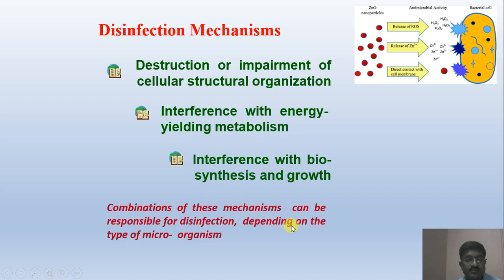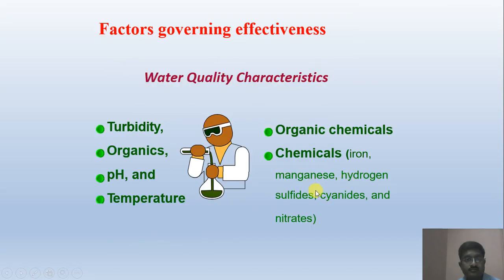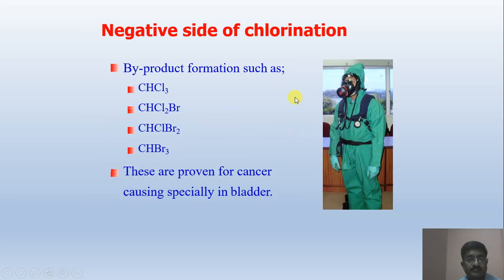A combination of these mechanisms can be responsible for disinfection, depending on the type of microorganism. The factors governing disinfection effectiveness are turbidity, organics, pH, temperature, along with the organic chemicals we are using, and chemicals such as iron, manganese, hydrogen sulfides, cyanides and nitrates. So we have to think about all these water characteristics.